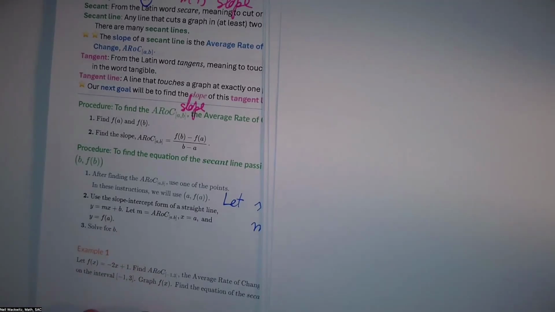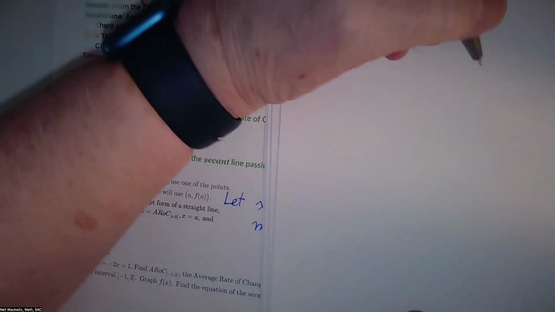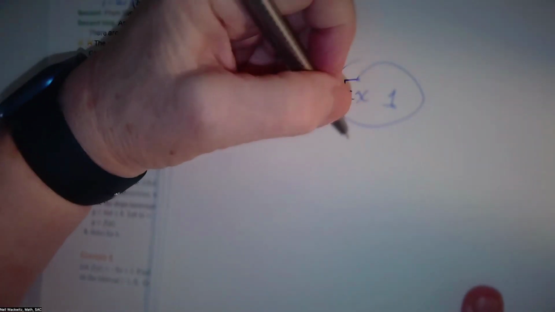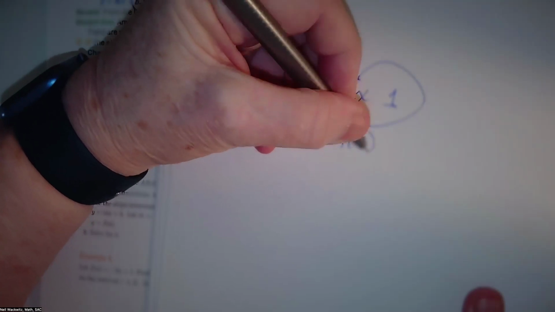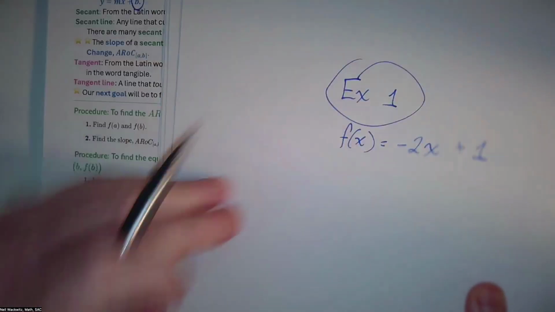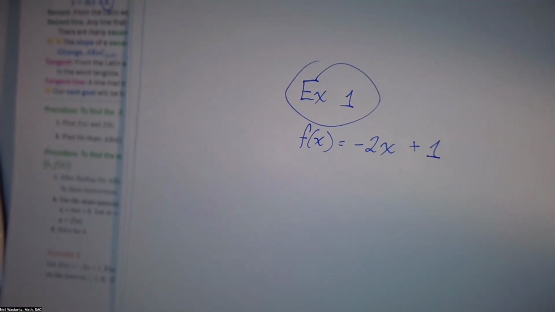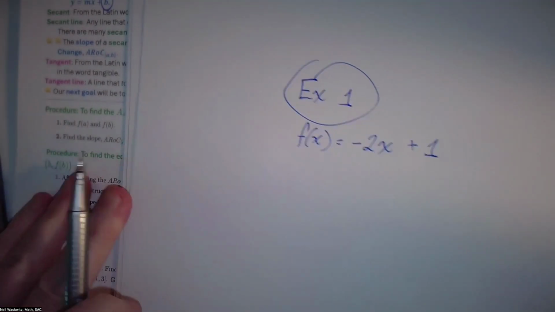Groovy. Let's do all that stuff for this first function. So this is example 1. f of x is equal to negative 2x plus 1. Before we do anything, let's remember what we already know about this kind of function.